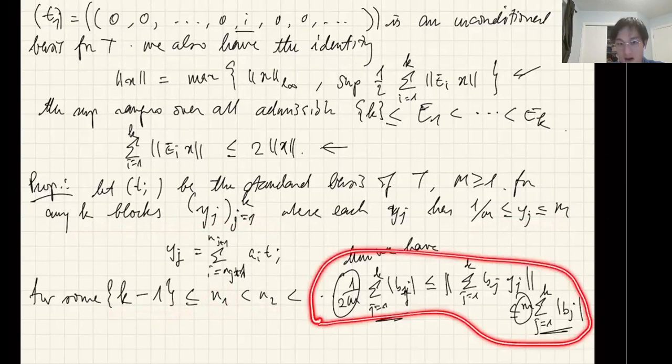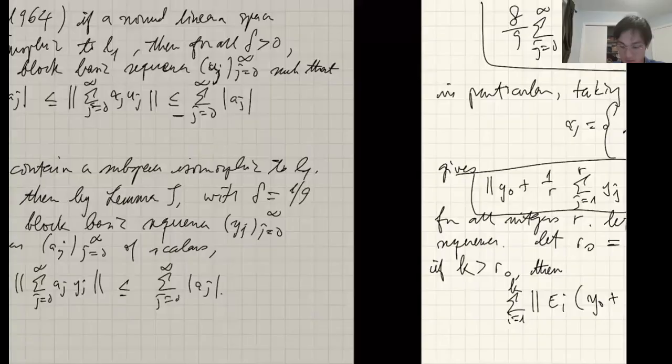And what that means is that it contains a subsequence that is isomorphic to the standard unit vector basis of L1 to the k. Okay, let's move back here.